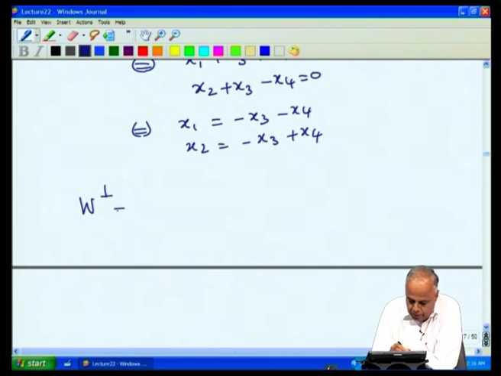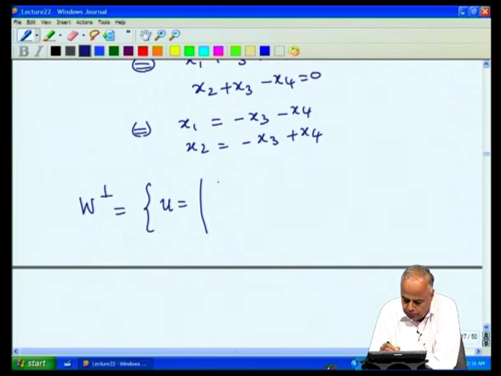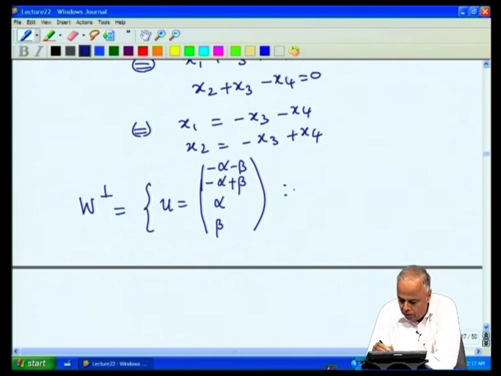So, we get W perp is equal to the set of all vectors of the form, if we choose x3 as alpha, x4 as beta, then x2 has to be chosen as minus alpha plus beta and x1 as minus alpha minus beta, where alpha, beta belong to R.